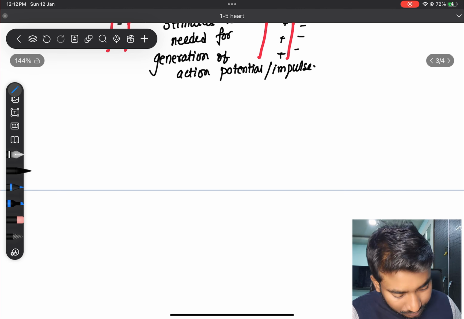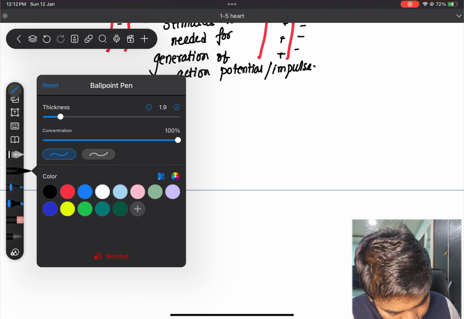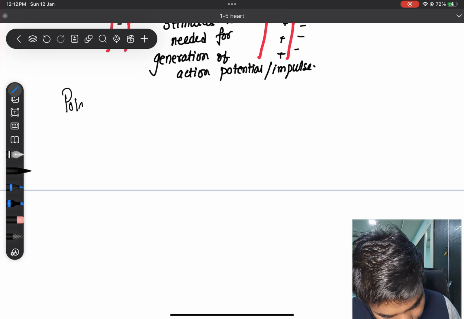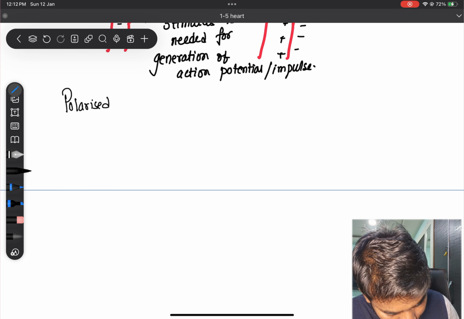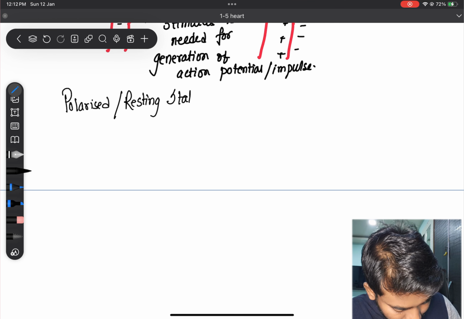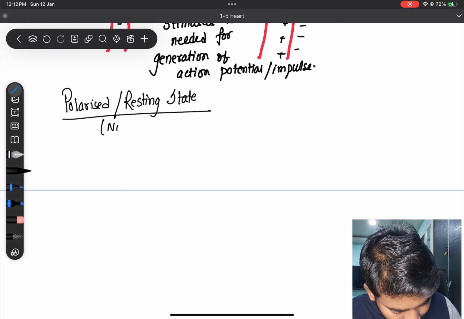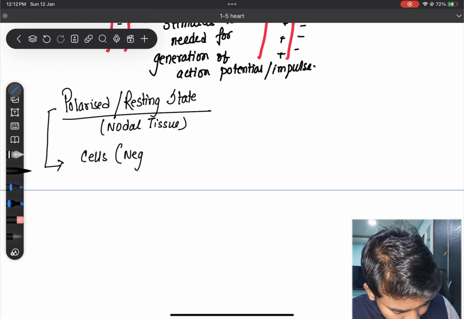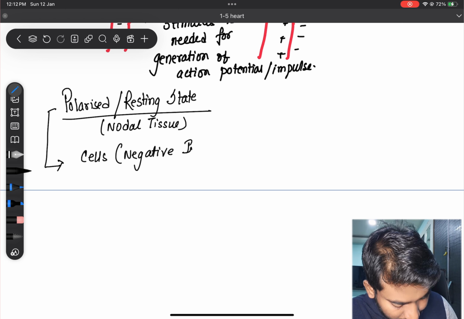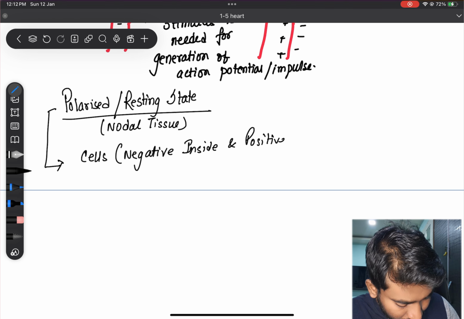Okay. Now the polarized, resting state contains the nodal tissue cells negative inside and positive outside.